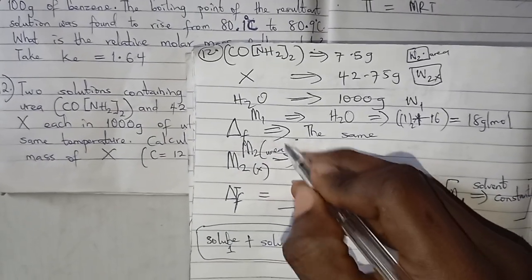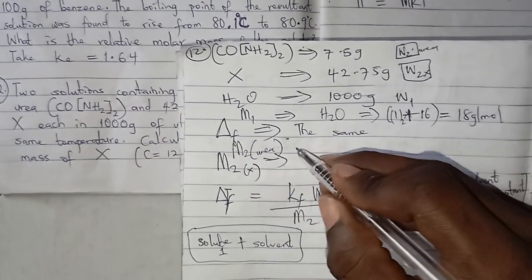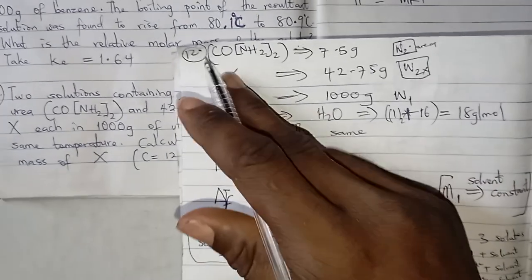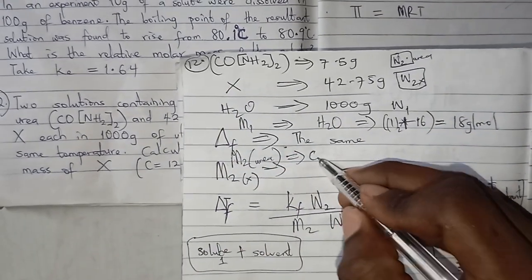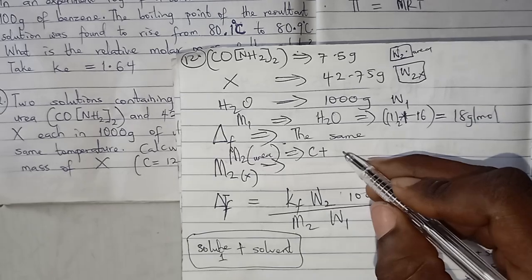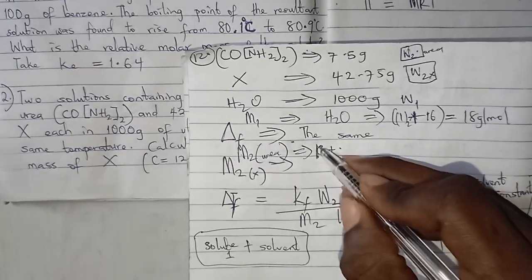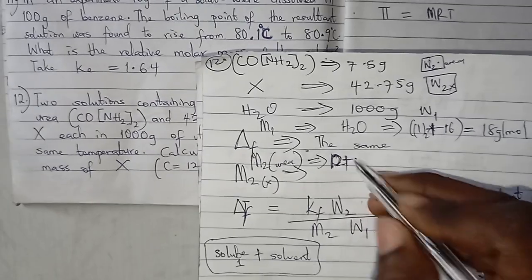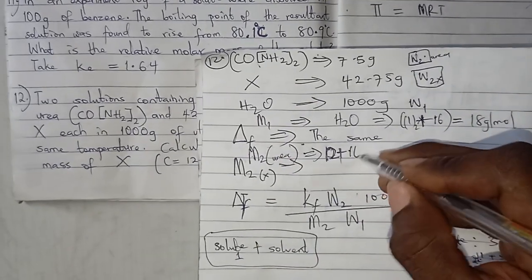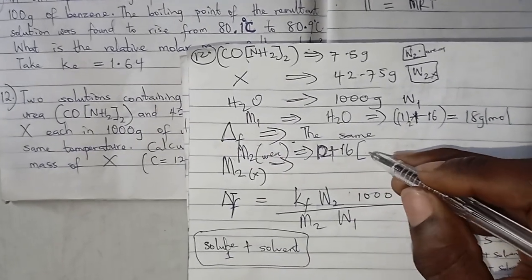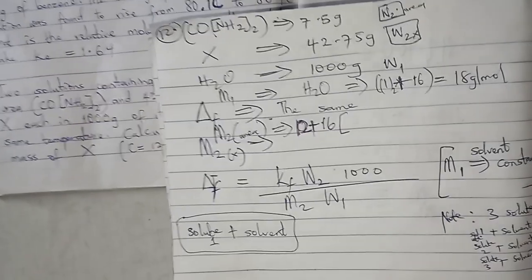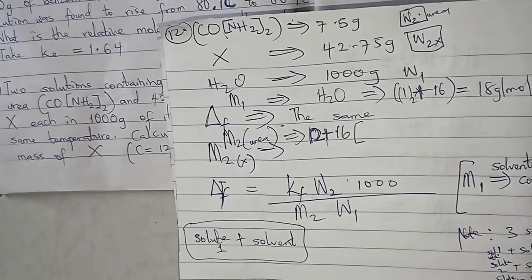M2 of urea. Since it's given, it's going to be C plus O, that is 12 plus 16, all into, let's check what they gave me for nitrogen.